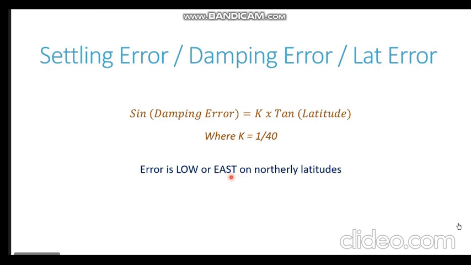Now, an easterly error is also known as low error. In fact, in case of the gyro, the low and high format is more frequently used to indicate the error of the compass. East and west is more frequently used in case of the magnetic compass. But both these terms are interchangeable. You can denote the error as east or you can denote the error as low.